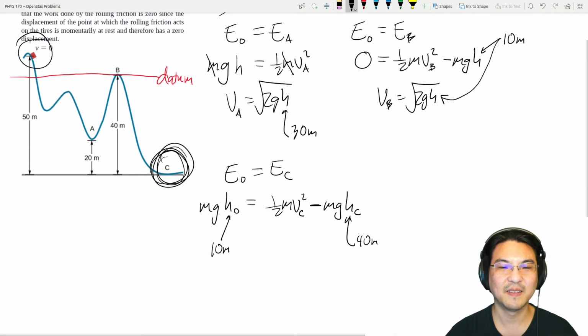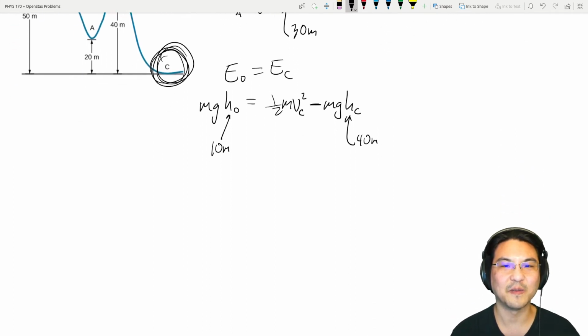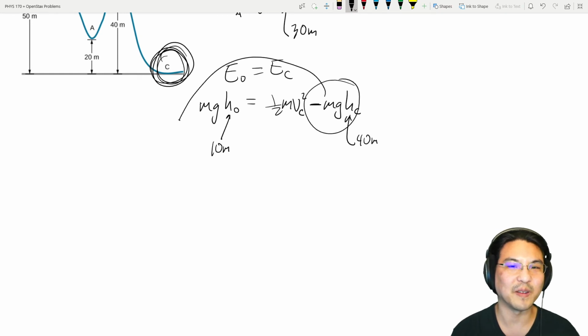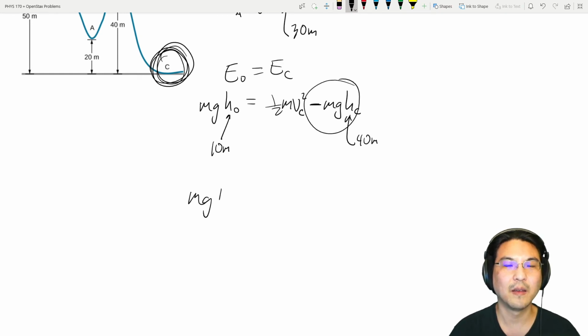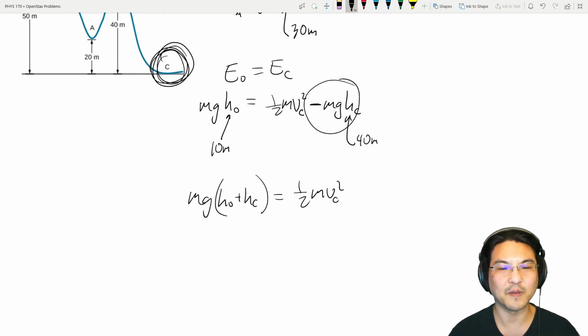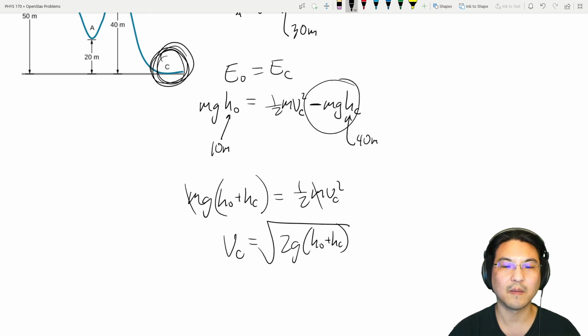And then solve for v. So move this over to that side, and cross that out. So v equals the square root of 2gh, where that is 10 meters and that is 40 meters.